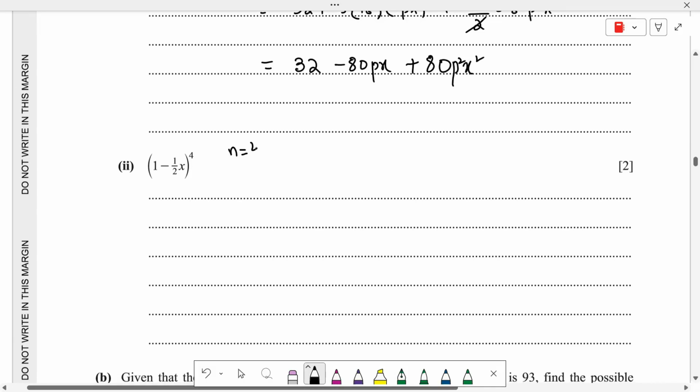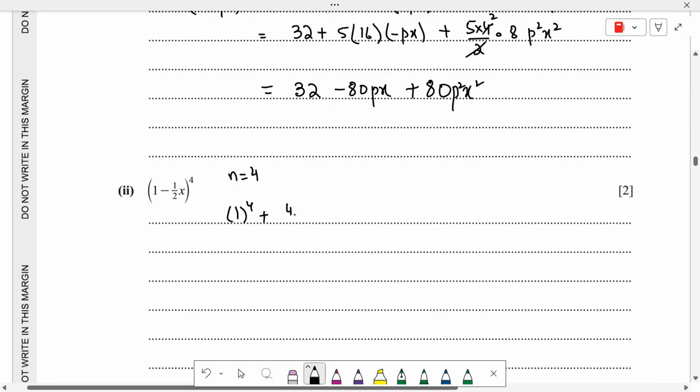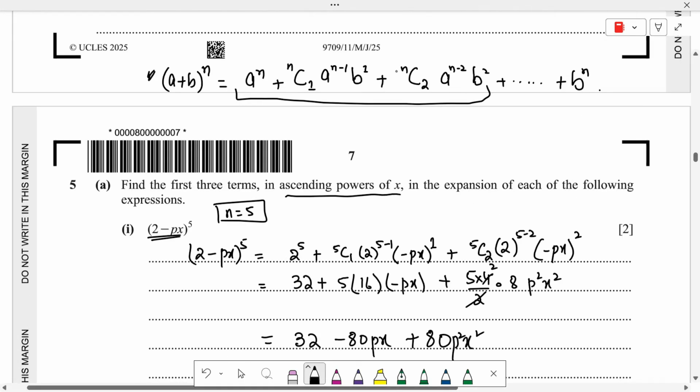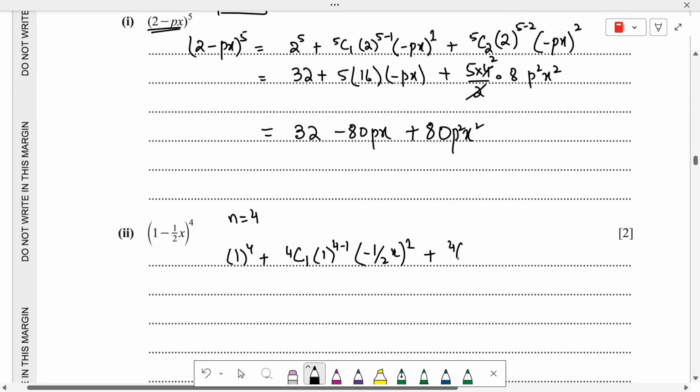In this case, n is 4, so 1 to the power of 4 plus 4 combination 1, a to the power of n minus 1, b to the power of 1. So 4 combination 1, 1 to the power of 4 minus 1, and b to the power of 1 is negative 1 half x, plus the third term, which is 4 combination 2, 1 to the power of 4 minus 2, and b squared, which is negative half x, squared.